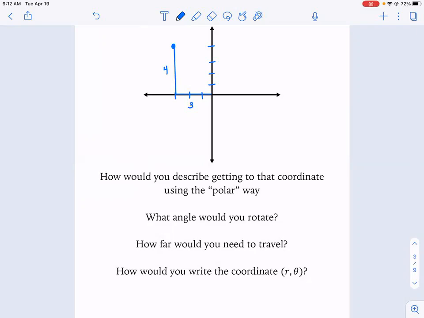Yeah, 53 degrees. You get this? Do you have this figured out?